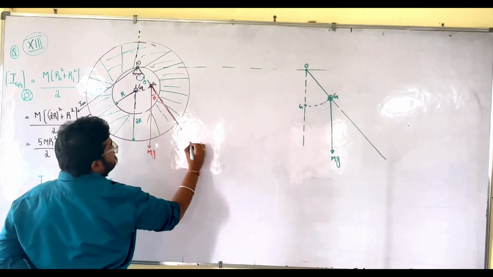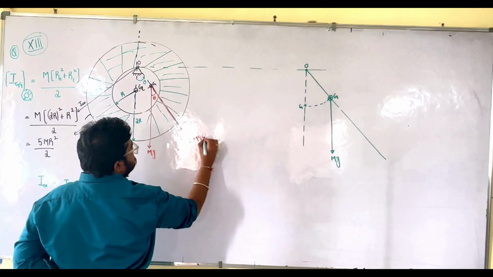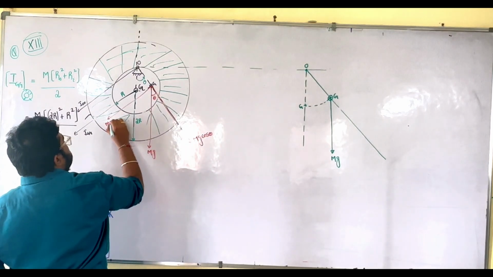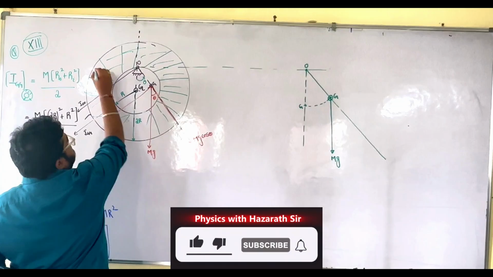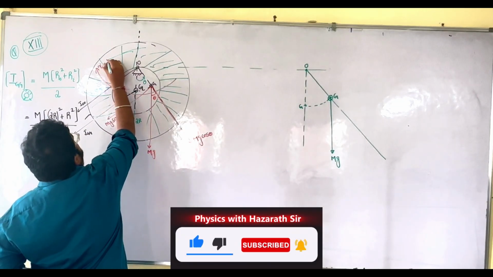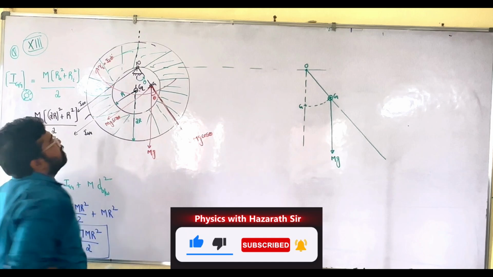Clear? So along this direction, mg cos theta. Along this direction, mg sin theta. Inertia torque will be acting along this direction, I naught theta double dot.